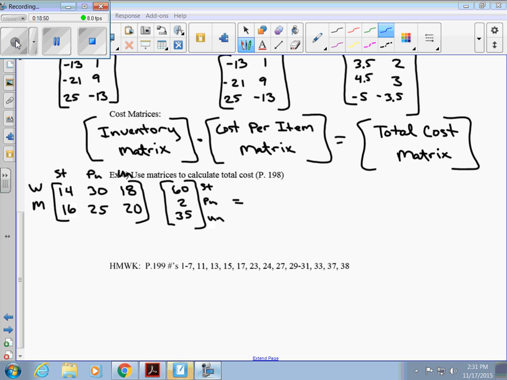How much do we pay for the women? How much do we pay for the men? Again, across in the first matrix, down in the second matrix. So we're going to multiply those.